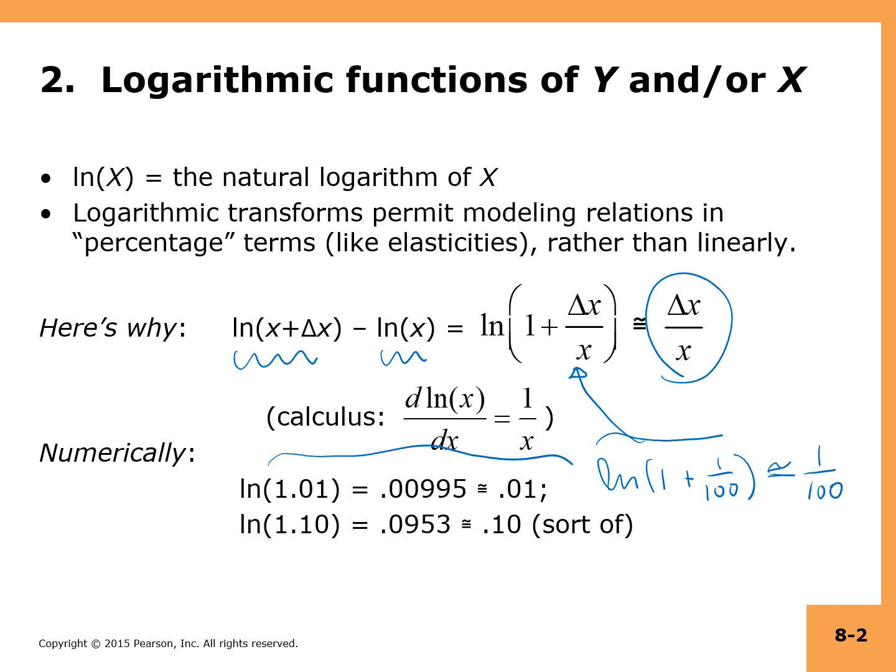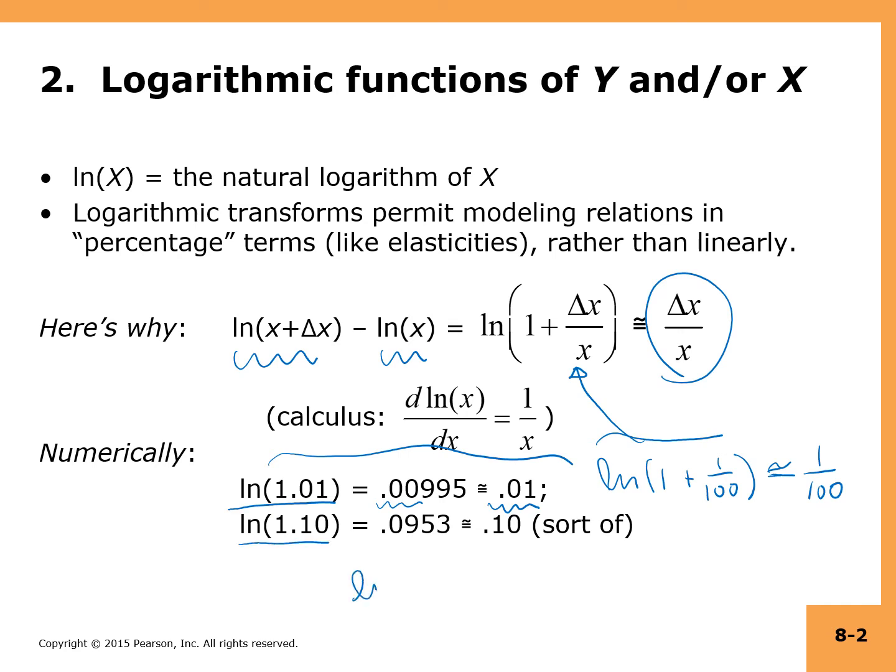In reality, if you do log of 1.01, it gives you 0.009, which is about 0.01. So this formula shows that this can be approximated by change in x over x. And this is the same case for 1.1 as well.